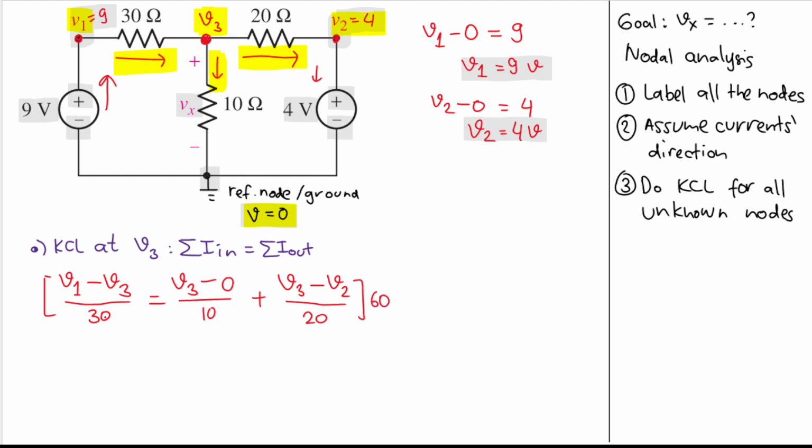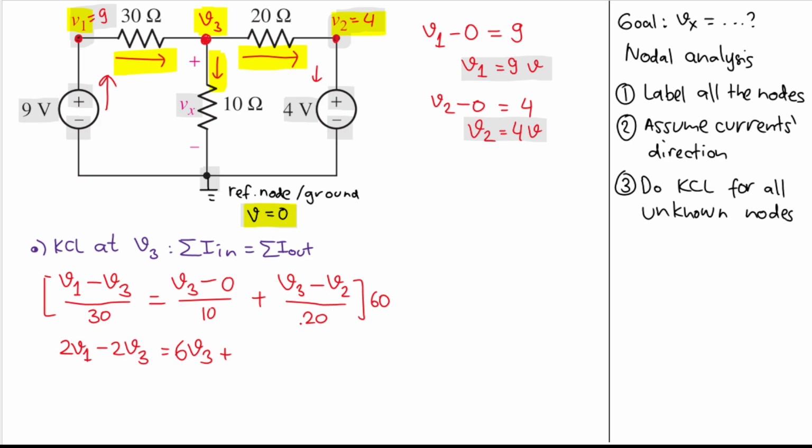So we will have 30 and 60 will cancel into 2, right? So I have 2V1 and then minus 2V3. Good. And here 10 and 60 will cancel into 6, so I will have 6V3 minus 0, so that will be 6V3. So let's move on to this term.